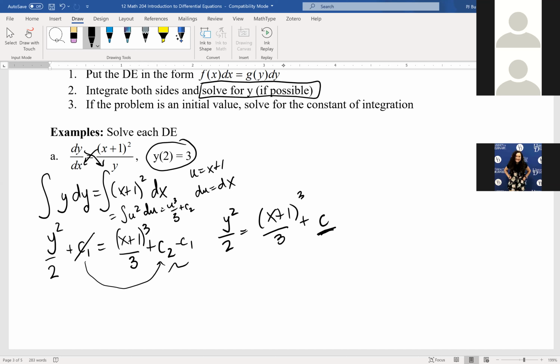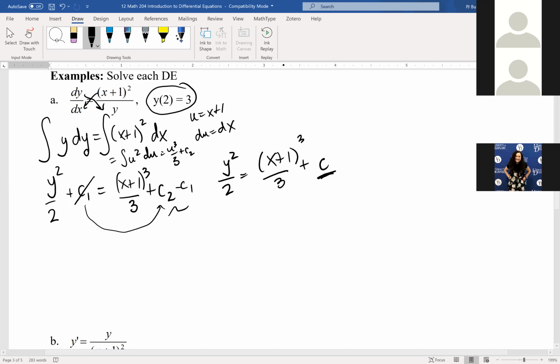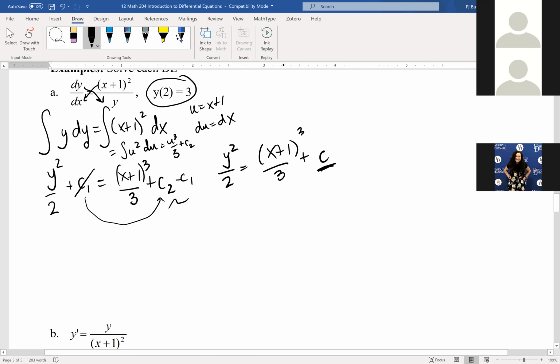So my best advice is to go ahead and get c first, plug it in, and then solve for y. So the initial condition says when y is 3, then x is 2.